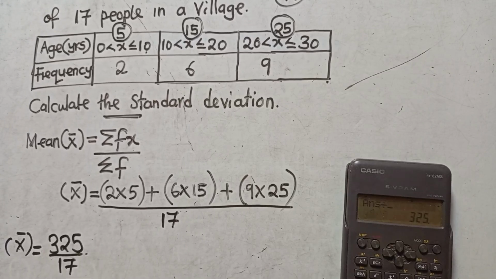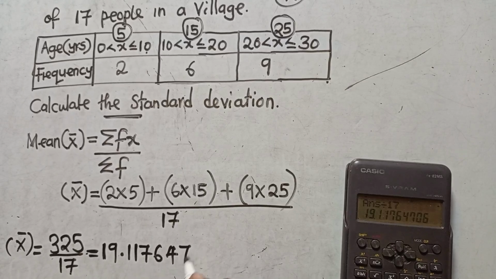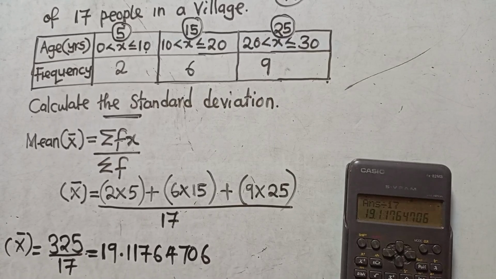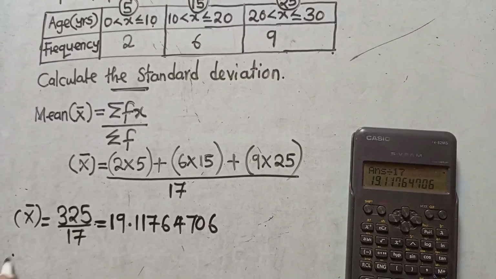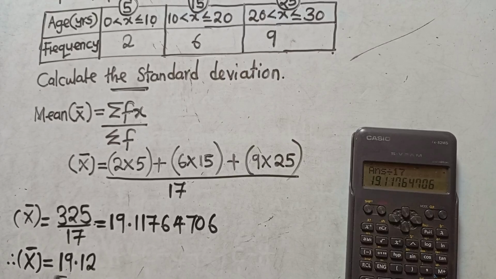So I divide by 17. The answer that I'm getting is 19.11764706, where I will now conclude and say, therefore, mean, x bar, is equal to 19.12, correct to 2 decimal places.